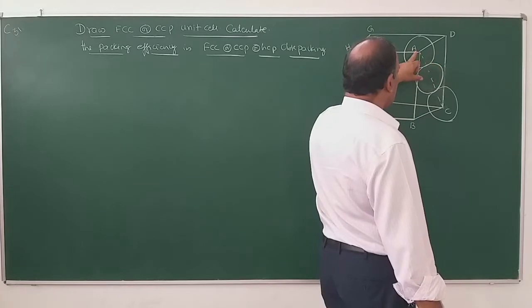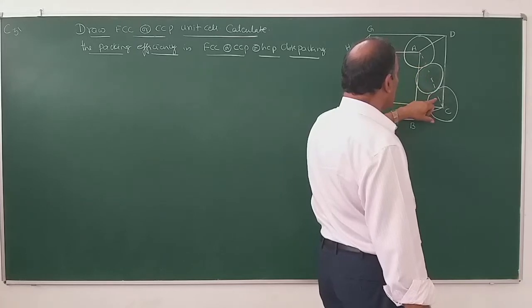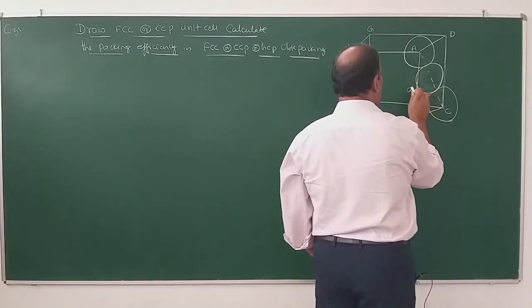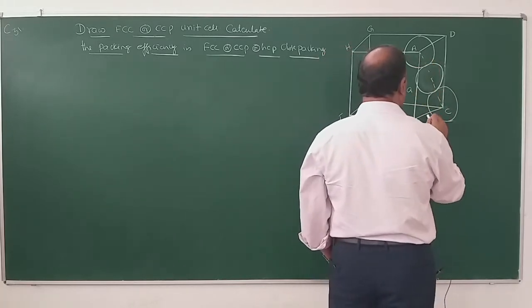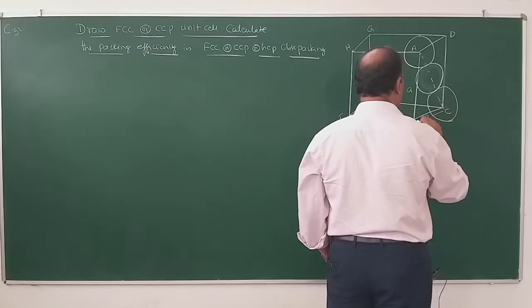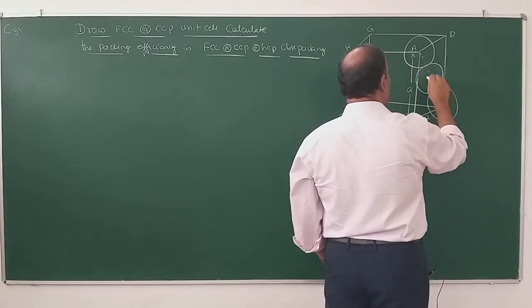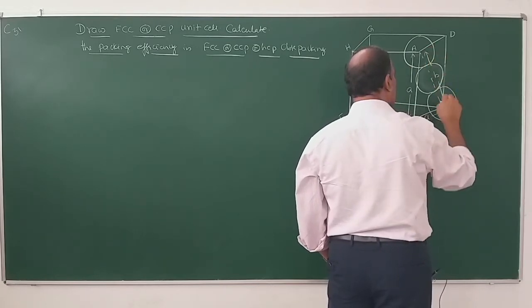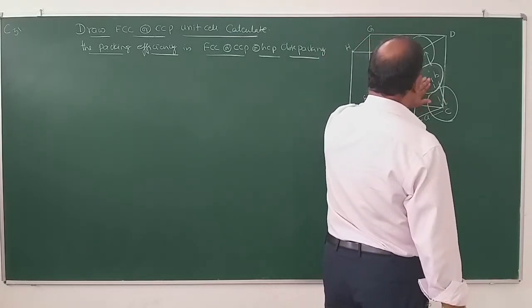So in FCC there are three particles which are touching each other along the face. This edge length AB is small a, and this edge length is small a, this edge length is small a, and this diagonal length is small b.